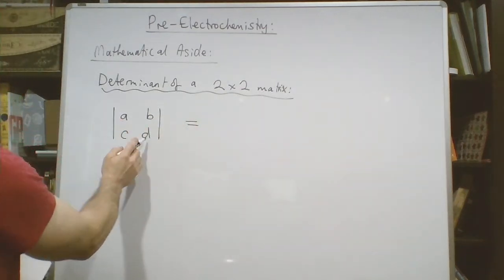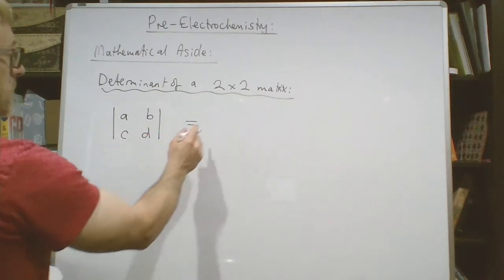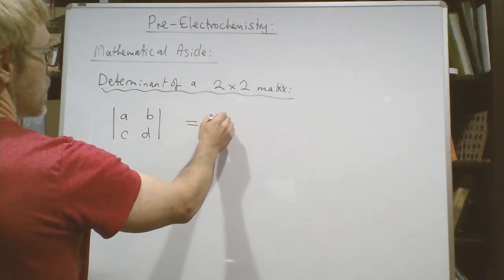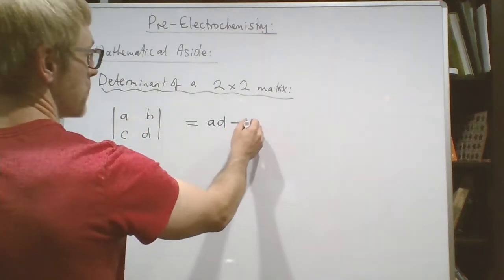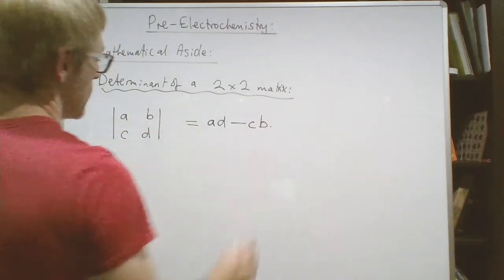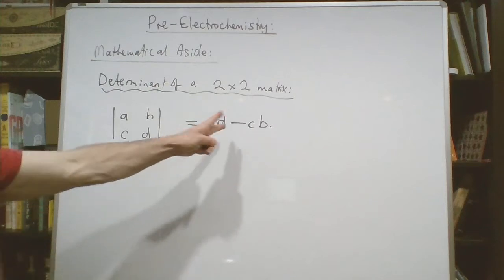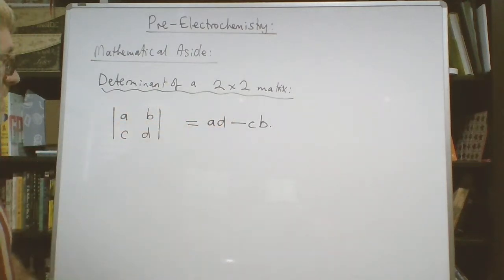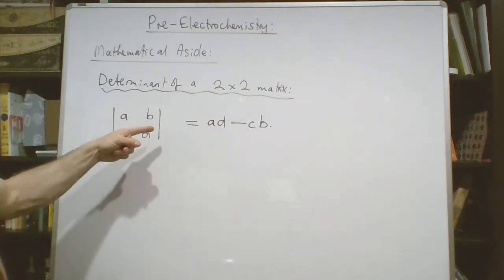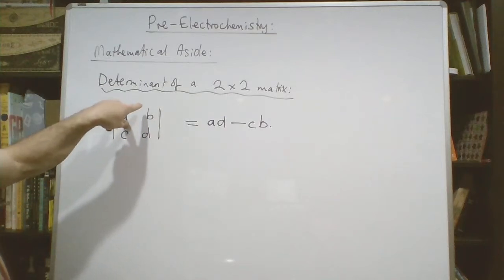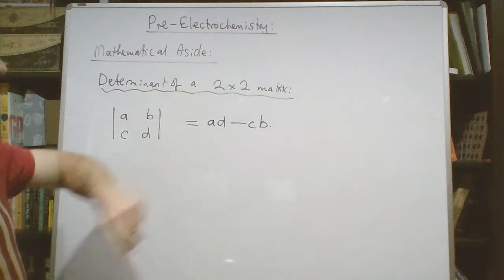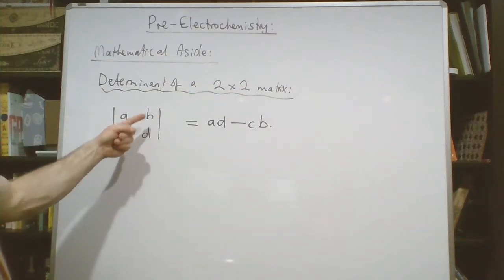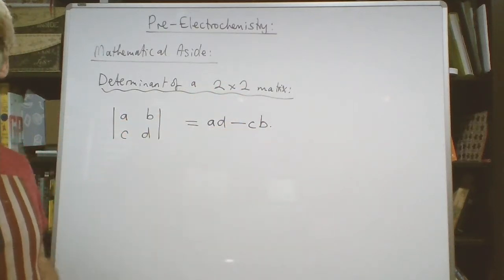Then we take diagonals, so A multiplied by D, and then we subtract the opposite diagonal, C multiplied by B. And that's as simple as that. This is the canonical representation of that matrix, for a square 2x2 matrix, so 2 columns, 2 rows. We take the diagonal elements and subtract them from each other.